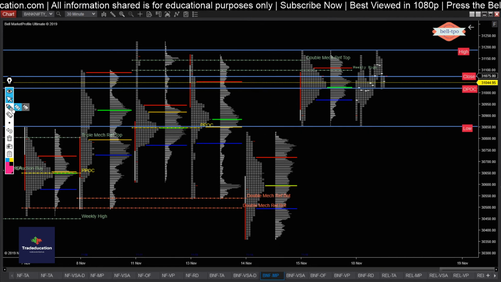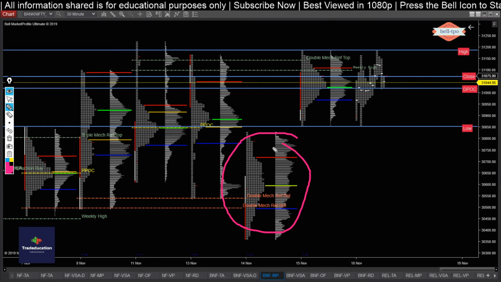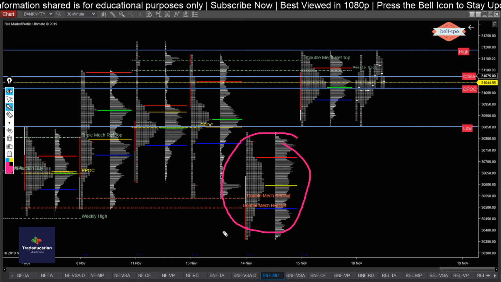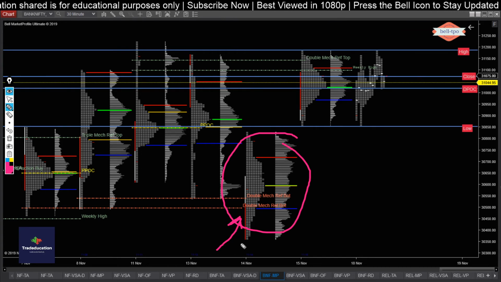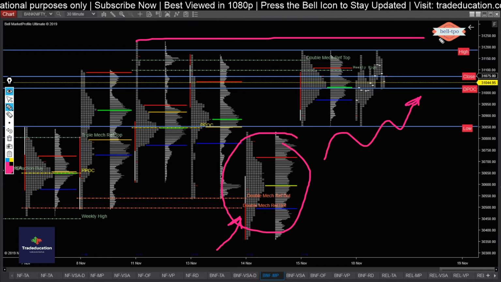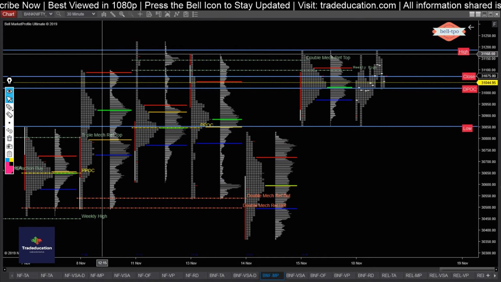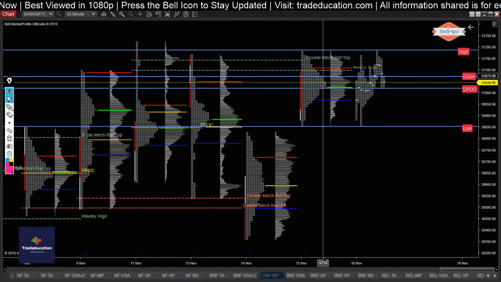And one more scenario I'm currently thinking is, yesterday was nothing but a pullback. Whoever missed the boat, the buyers started stepping in, and today the market is again auctioning higher. Now we need to see what's happening at this 31,250 level, because this single print zone will be getting cleared. So this is what I'm currently understanding from the market generated information.